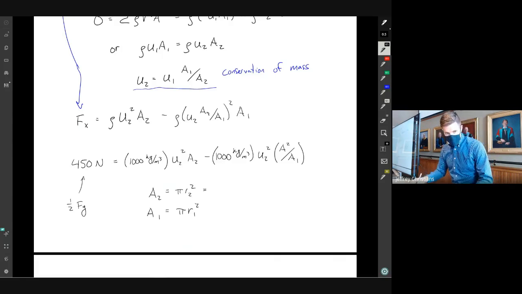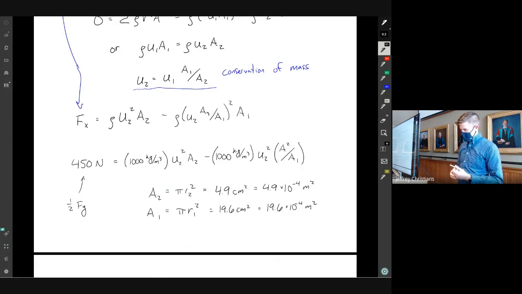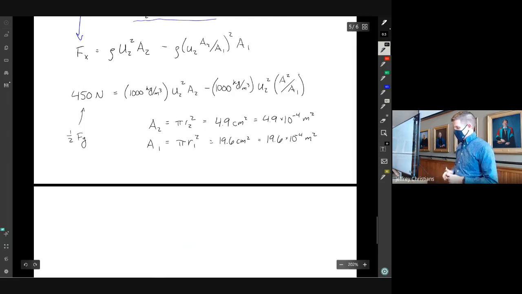So this is, let's see, 4.9 centimeters squared, or 4.9 times 10 to the minus 4 meters squared. And that's 19.6 centimeters squared. Then it's simply just like plugging things in and solving for u.